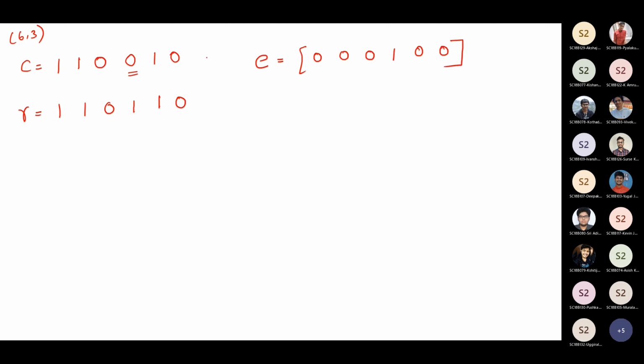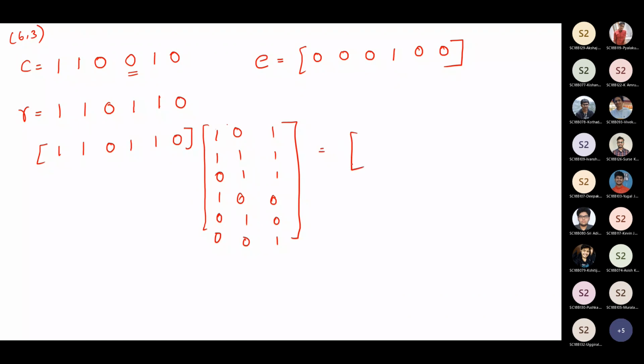So if I add C plus E, I will get R. Once R is given, we will be multiplying it with the H transpose matrix to get the syndrome S.